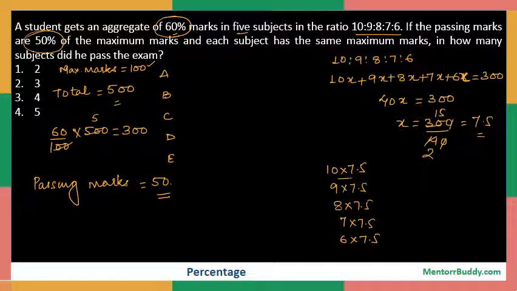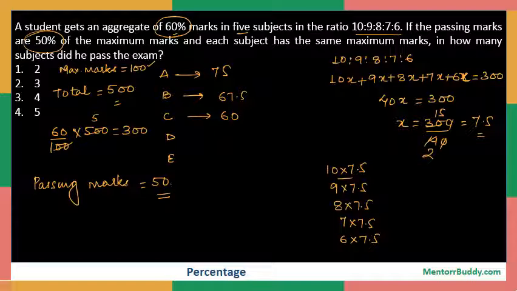So if I write, his marks in subject A is 75, his marks in subject B is 67.5, his marks in subject C is 60. I'm just doing a multiplication of these values.